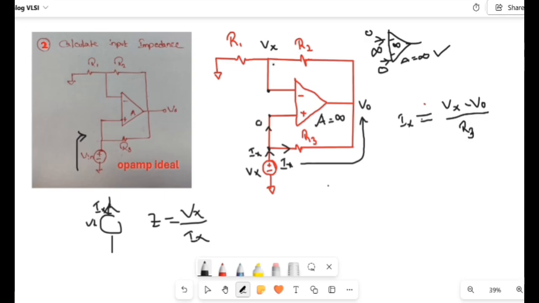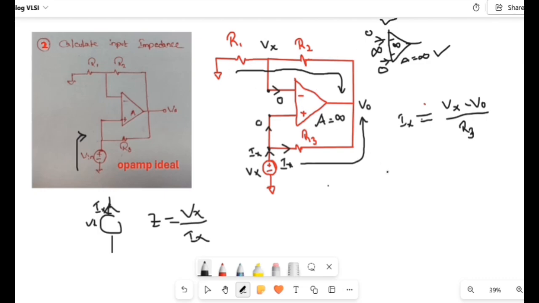Now we'll find the current in this path also. The current through this branch will be 0, as we discussed, since it's an ideal op amp.